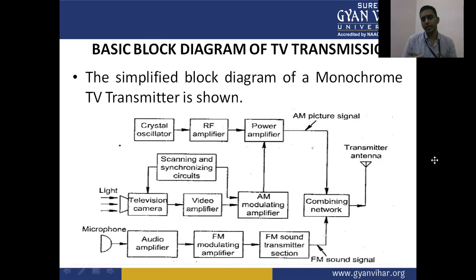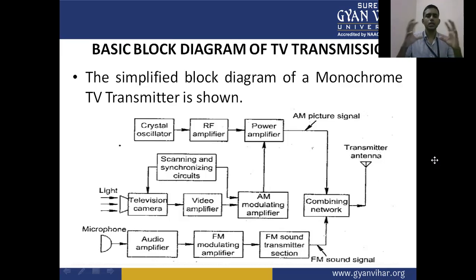In the combining network, both the amplitude modulated picture signal and the FM sound signal are combined. So the combining section produces a combined output, that is the picture with the sound, and the transmitter antenna transmits this signal into the air as radio waves or electromagnetic wave signal.